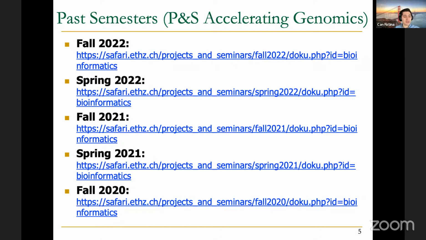So this is something you can always keep in mind. If you're happy with your project, or if you're interested in joining us and working with us, you can always contact us during the semester or at the end of the semester, showing your interest. We're going to be happy to consider you, of course, assigning you other projects or letting you work on the project that you're going to be working on this semester.